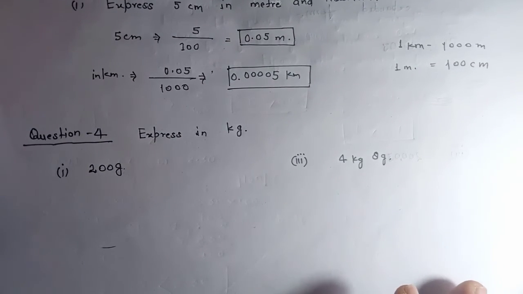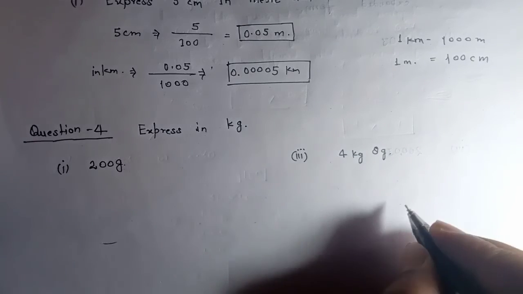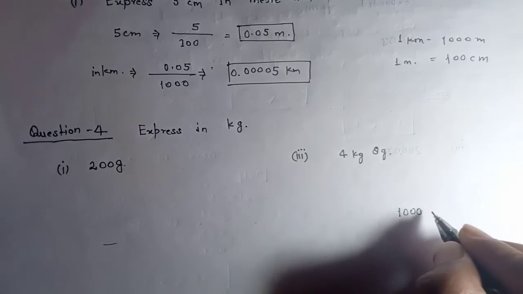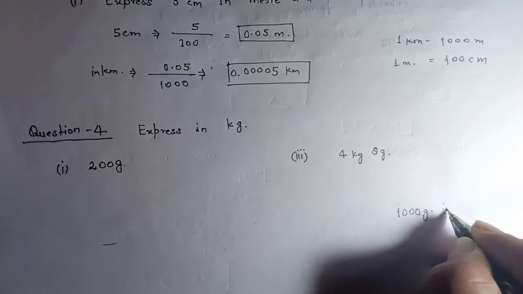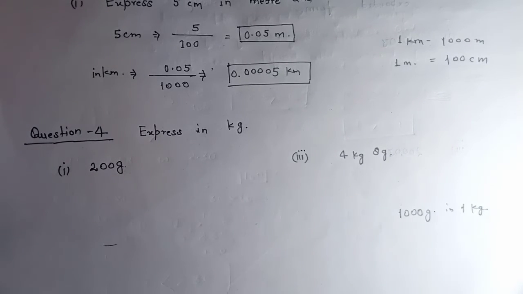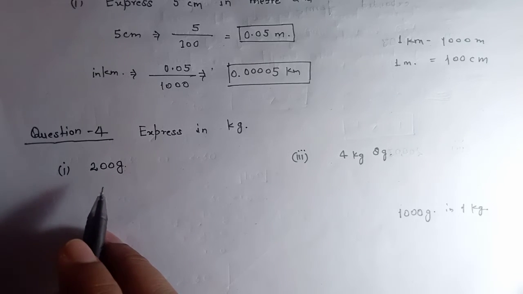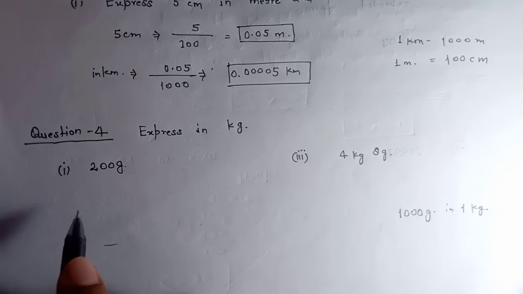We have another question. Question number 4. Express in kilogram. You know that there are 1000 gram in 1 kilogram. Here it is given 200 gram. It means we have selected 200 parts of 1000 parts.